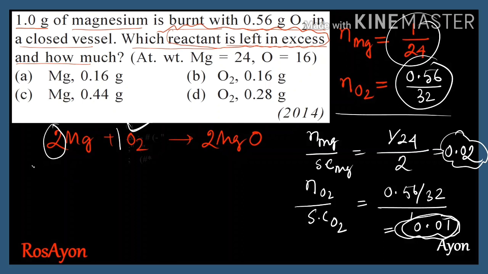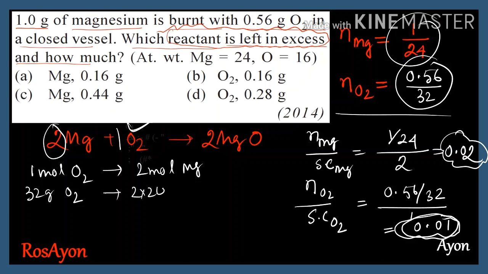Now 1 mole O2 reacts with 2 mole magnesium. Okay, so 32 gram O2 reacts with 2 into 24 gram magnesium.